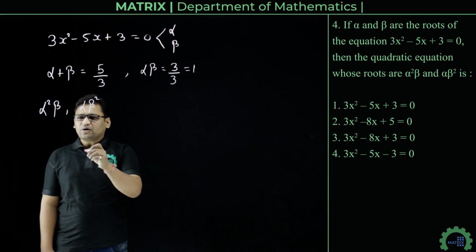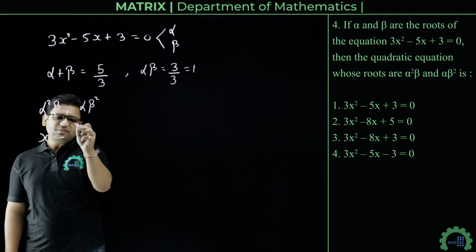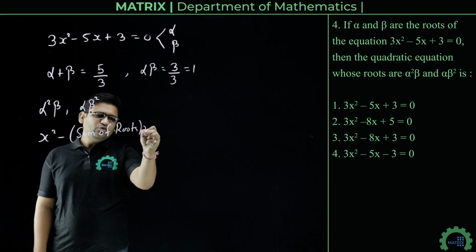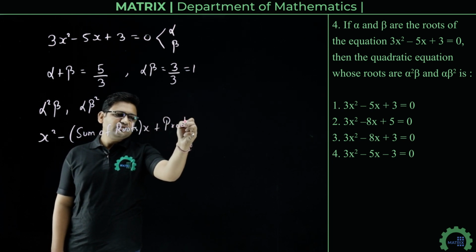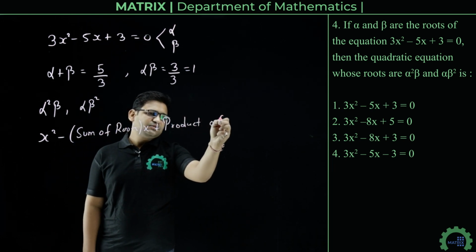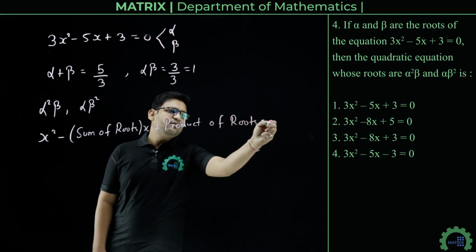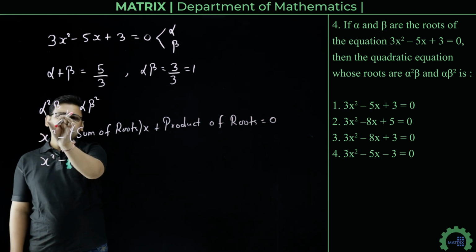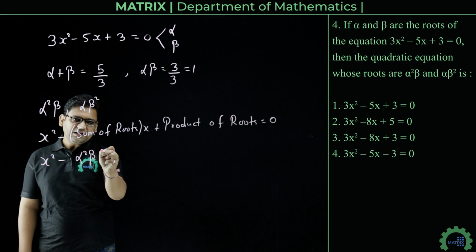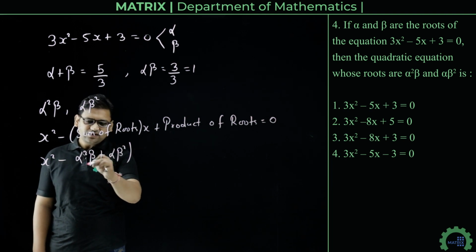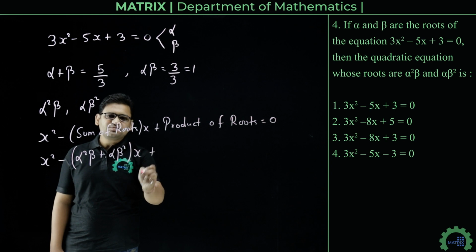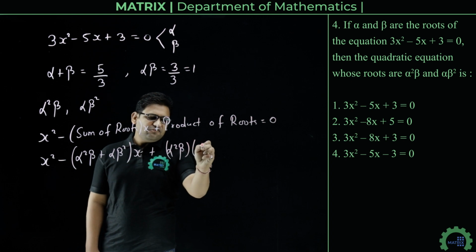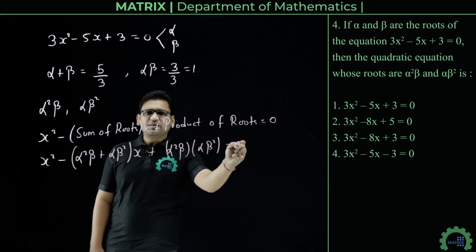We need to find the quadratic equation whose roots are alpha square beta and alpha beta square. We know that a quadratic equation can be written as x square minus sum of roots into x plus product of roots equals to 0. So x square minus the sum of roots, alpha square beta plus alpha beta square, multiplied by x, plus the product of roots, alpha square beta into alpha beta square, equals to 0.